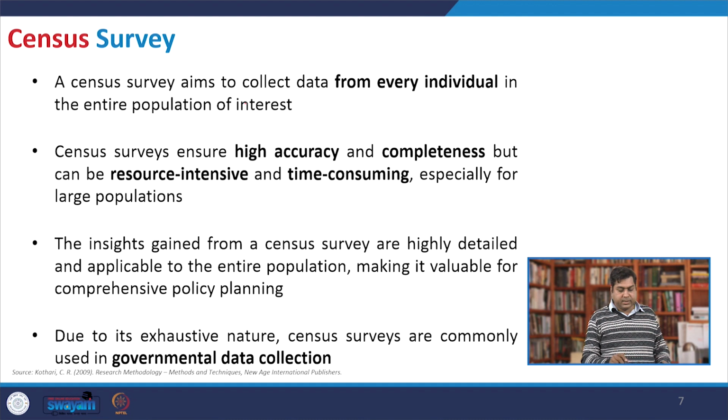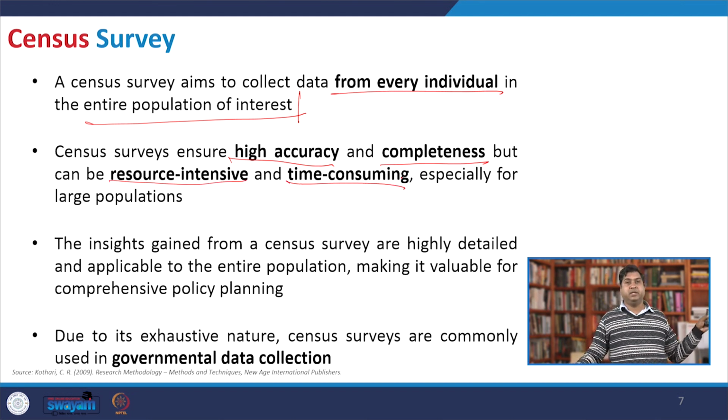Census survey. A census survey aims to collect data from every individual in the entire population of interest. Census surveys ensure high accuracy and completeness, but can be resource intensive and time consuming, because you cover each and everybody. Suppose I just want to do an experiment for a particular class to understand their understanding or behavior towards the education system.